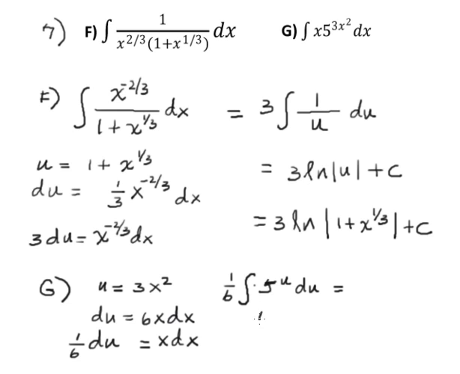That would be 1 over ln a, in this case 1 over ln 5, times 5 to the u. And finally, just substitute back. I'll let you do this part. Just substitute back u equal to 3x squared. And we're done.